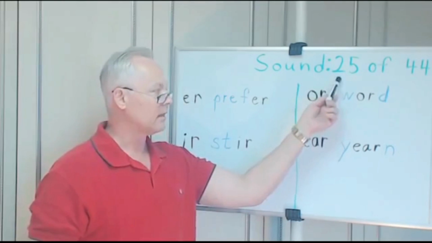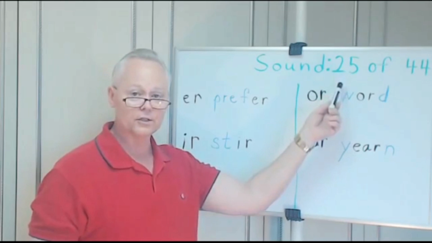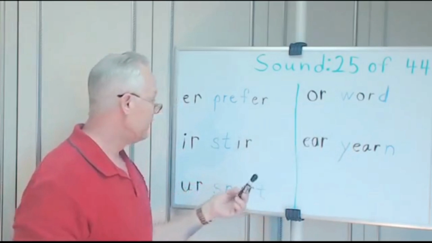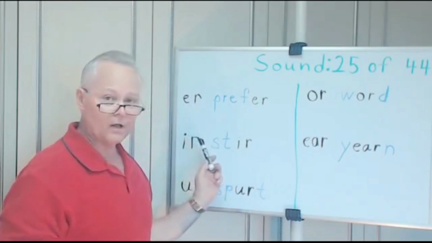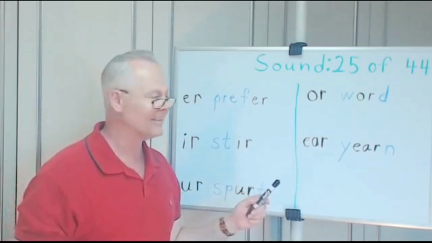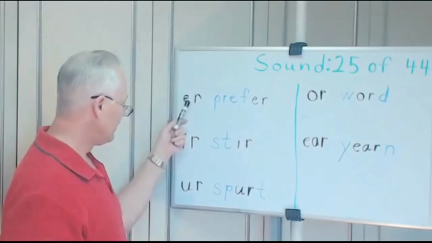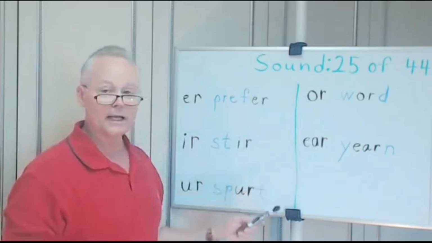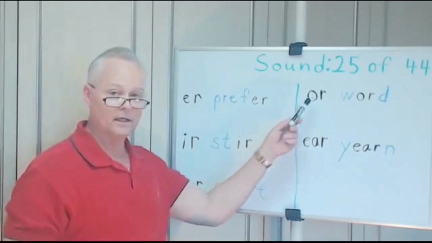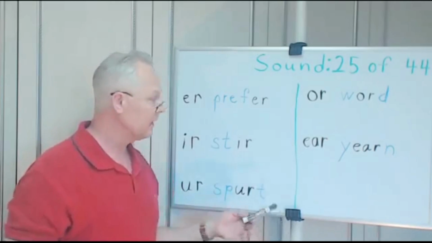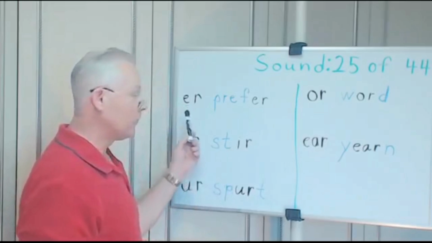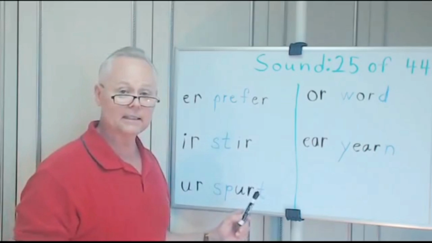Now, here we are on number 25, so this is the first of the coming 20 sounds that we use vowels and vowel combinations to make sounds. So, here we have 5 letter combinations. Now, each combination makes the same sound in these example words. So, what do you think the sound is?